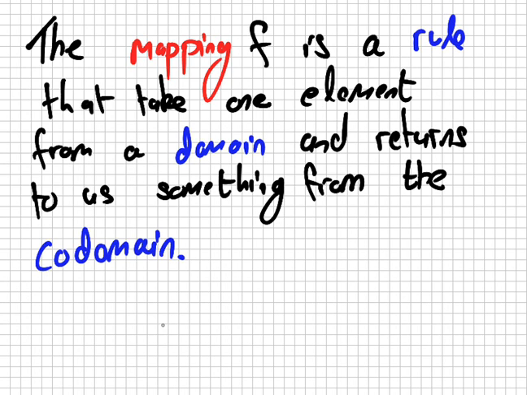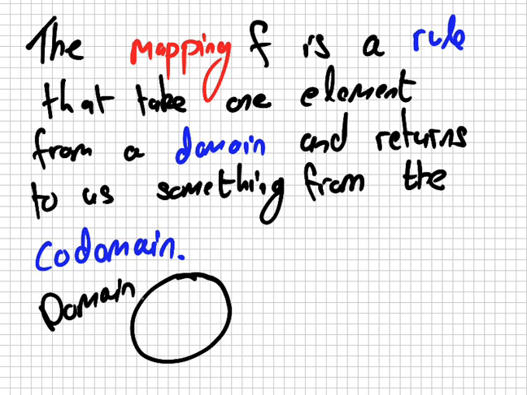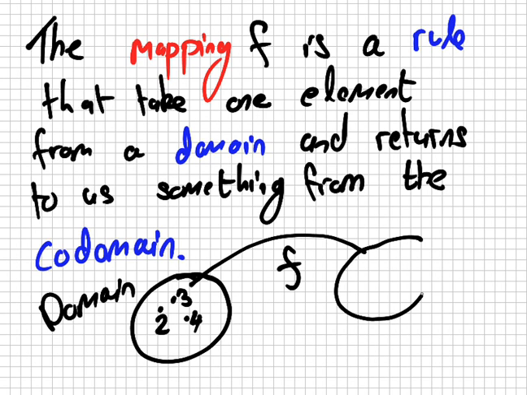So this all seems very complicated, and it's really the easiest way I can write it, but I think with a diagram it will help a little bit. So in your head you picture this is our domain. Maybe this is all the real numbers. There's 2, there's 3, look, there's 4. They're all having a great time. And our function, our mapping, takes one of these numbers and gives you something back in the codomain.